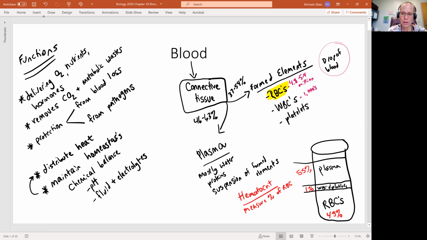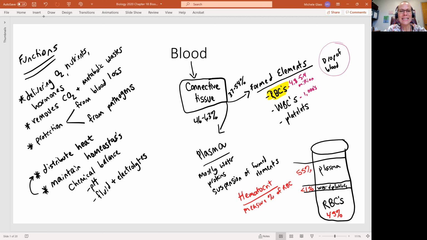So you see here, the white blood cells and platelets is actually less than 1%. So it's really not figured into this hematocrit, because you can see we're actually not equaling exactly 100% here. We're going a little beyond. And so again, for me, this is highlighting that formed elements is slightly less than half and plasma is slightly more than half.